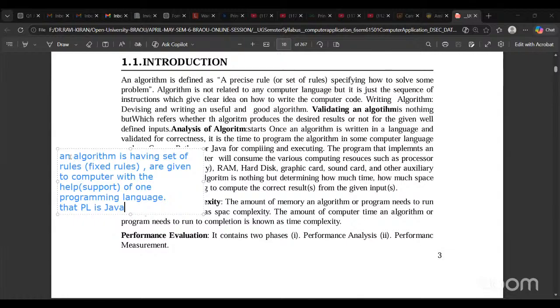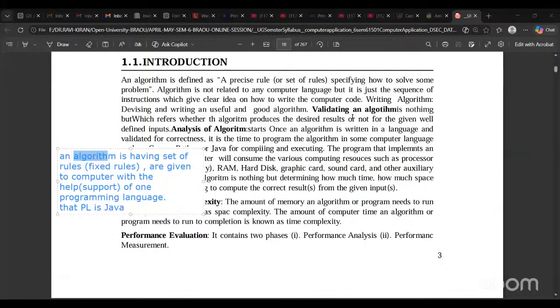So what we understood is, to develop an algorithm with fixed rules, the rules which we want to give to the computer in a systematic or sequential way, with the support of a programming language, that is Java, that kind of process is called an algorithm.